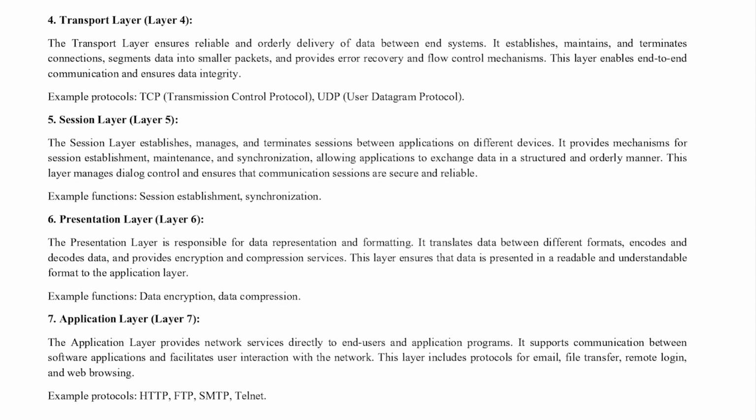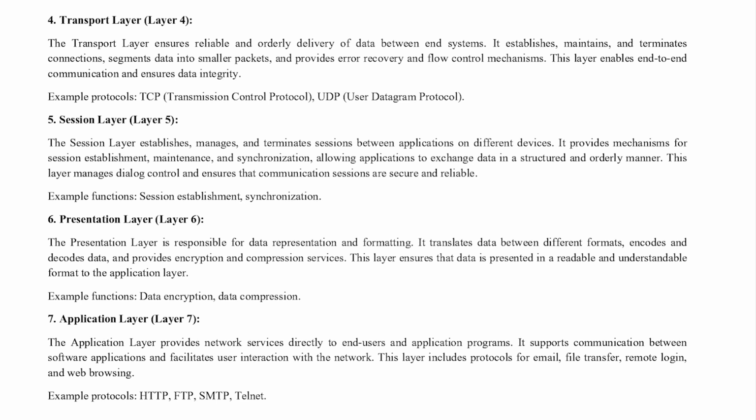4. Transport layer, Layer 4. The transport layer ensures reliable and orderly delivery of data between end systems. It establishes, maintains, and terminates connections, segments data into smaller packets, and provides error recovery and flow control mechanisms. This layer enables end-to-end communication and ensures data integrity. Example protocols: TCP, Transmission Control Protocol, and UDP, User Datagram Protocol. 5.